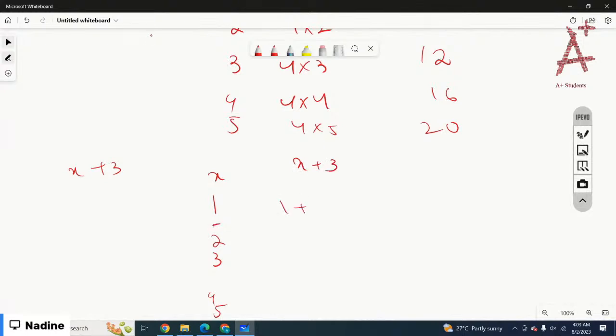Replace x with 1 plus 3, then 2 plus 3, then 3 plus 3, then 4 plus 3, then 5 plus 3. 3 plus 1 is 4. 3 plus 2 is 5. 3 plus 3 is 6. 4 plus 3 is 7. And 5 plus 3 is 8. That's what you have to do. You have to put different values of x in the relation and you have to calculate the output. Right? Okay.